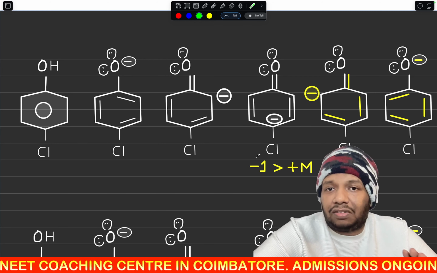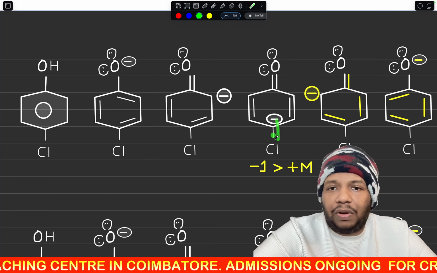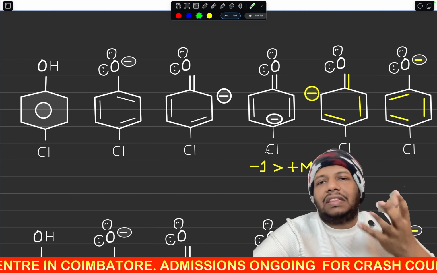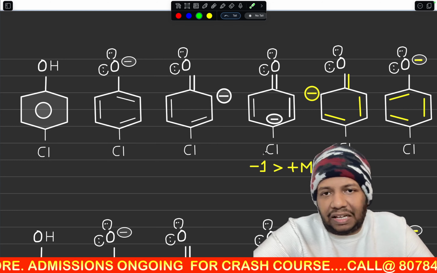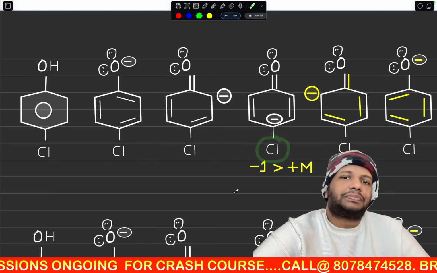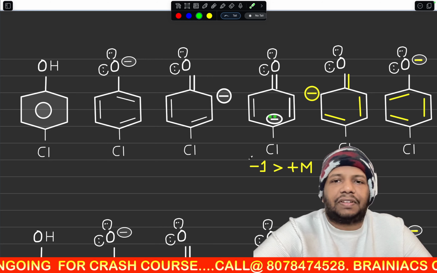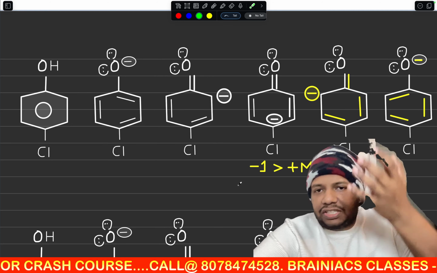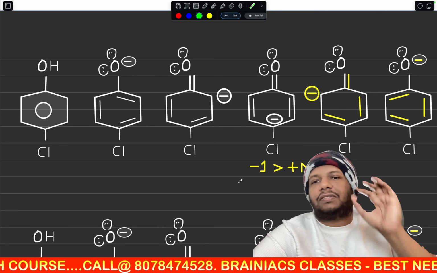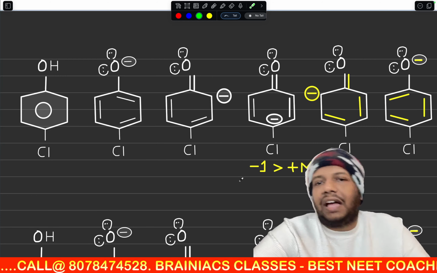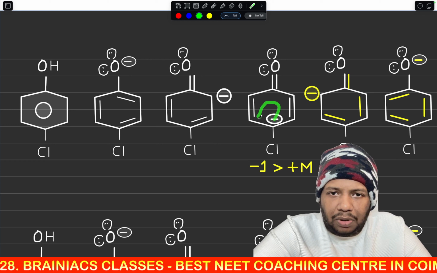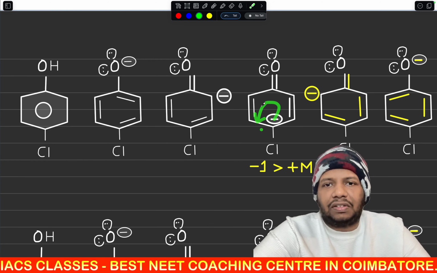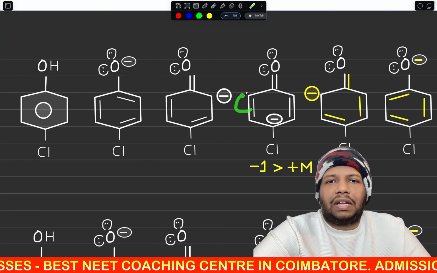When electrons move towards the chlorine, the charge density present here decreases. When charge density decreases, stability increases. Charge and stability are inversely proportional. Very, very important.